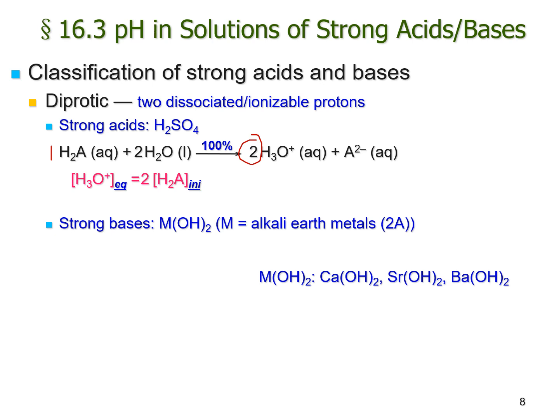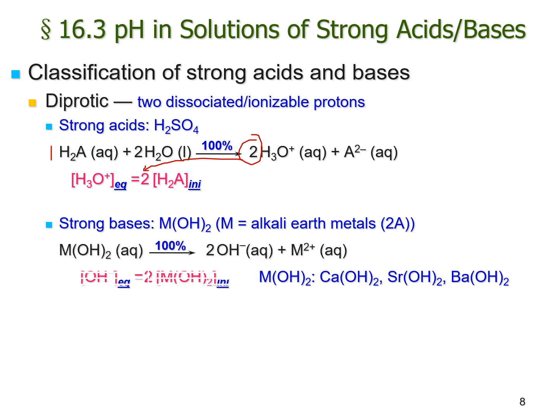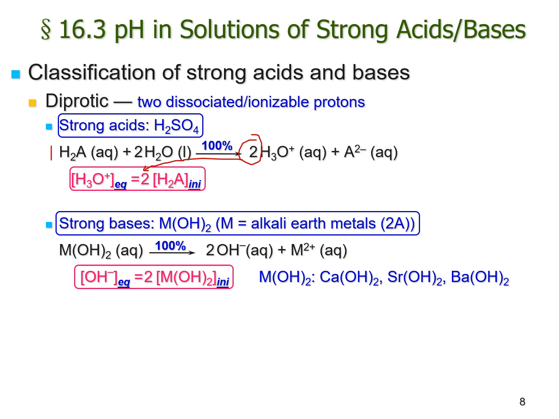Okay, so I just want you to realize where we put this 2. For a strong base, same argument. The concentration of hydroxide is going to be twice the concentration of the basic solution. Very similar.